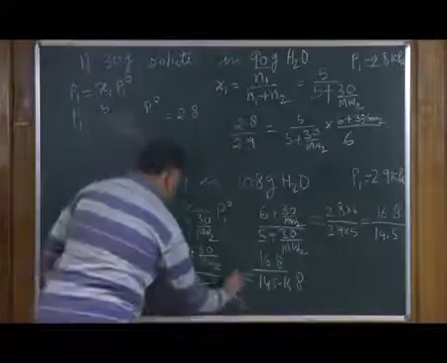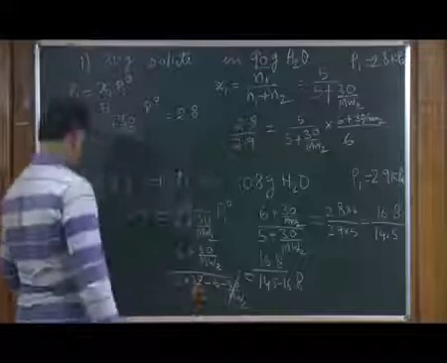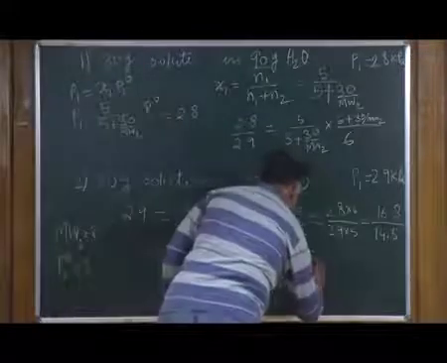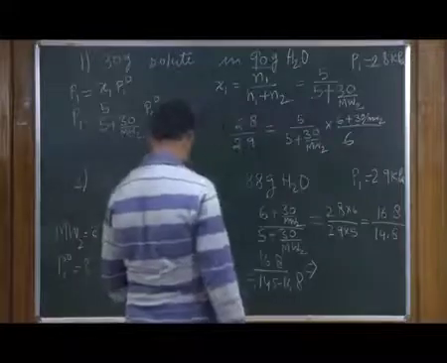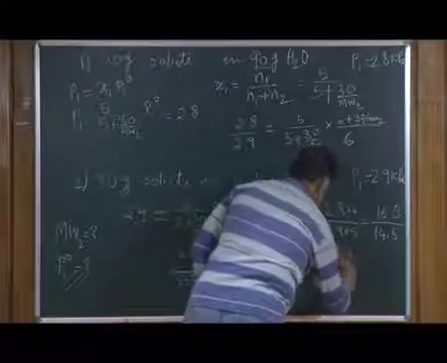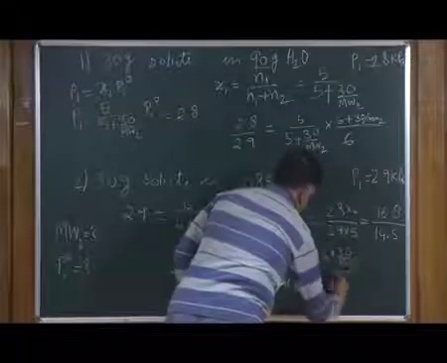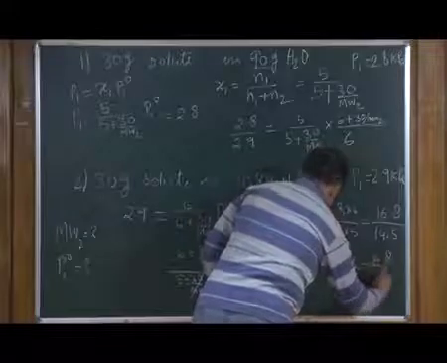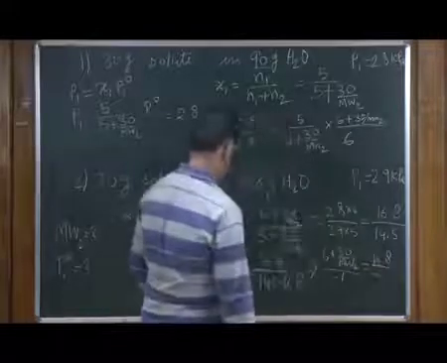So, this simply cancels out and we get from here 6 plus 30 divided by molecular weight of solute minus 1 equal to 16.8 divided by 2.3.